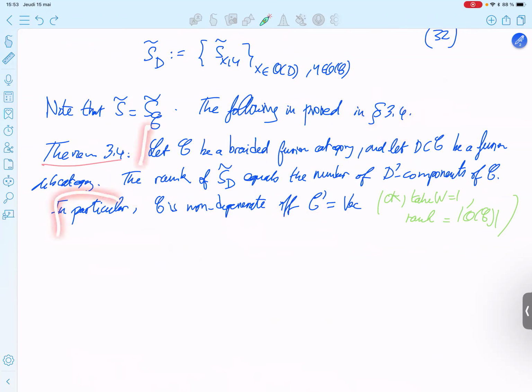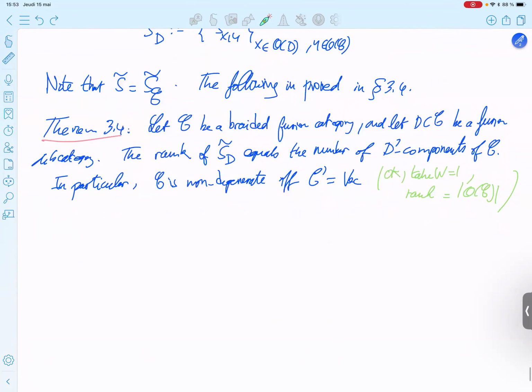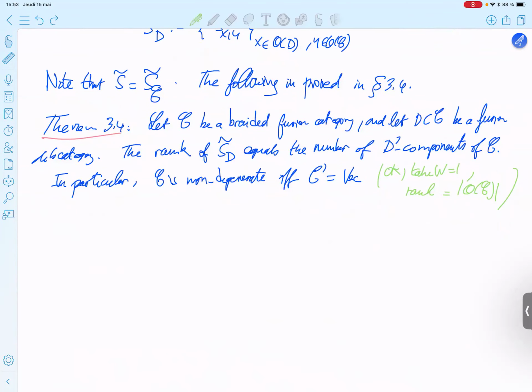Okay, so now we can state a consequence of this very important theorem, Corollary 3.5.